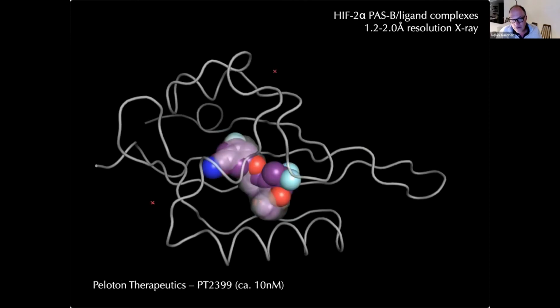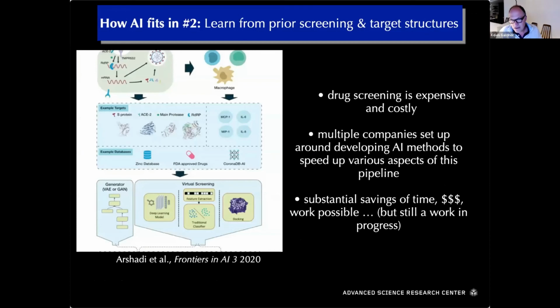That was work we did a lot on the academic side of the street, continued over at the startup company, Peloton Therapeutics, giving rise to a compound we'll talk more about in a minute. This is another place that AI really can and needs to play a critical role. Given structures of targets like I just showed you, it would be nice if we didn't have to screen 200,000 compounds to find something.